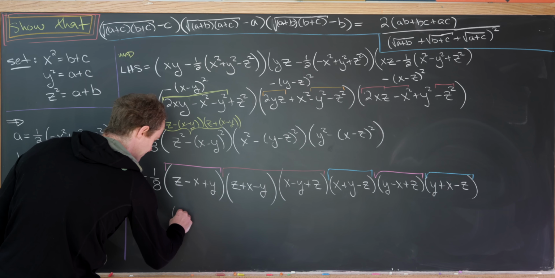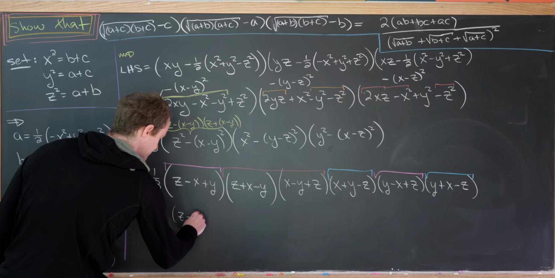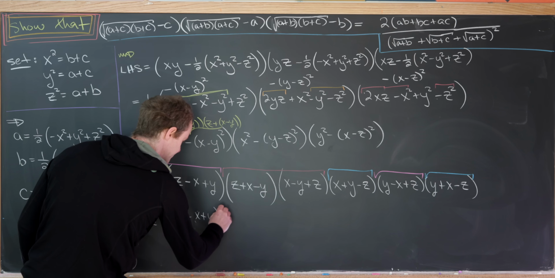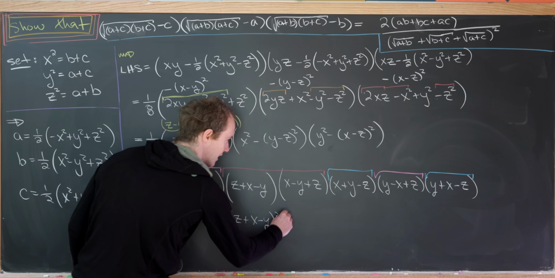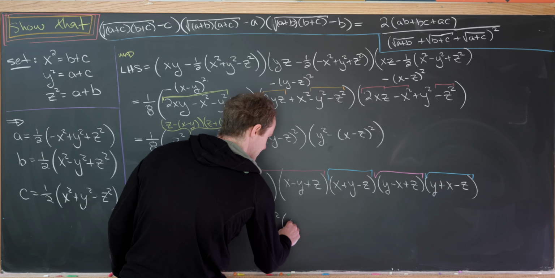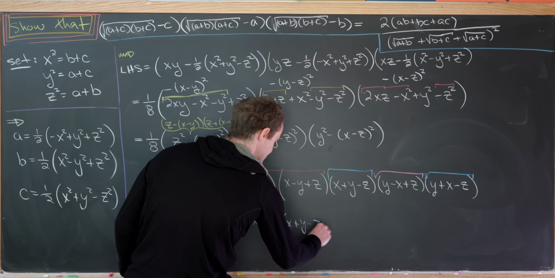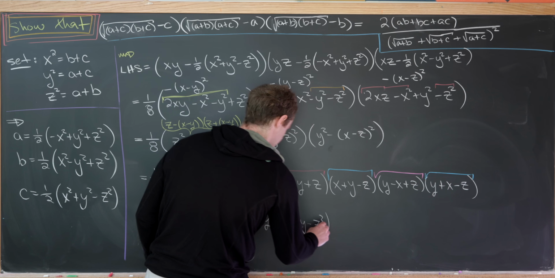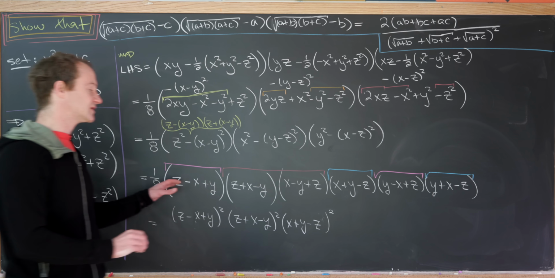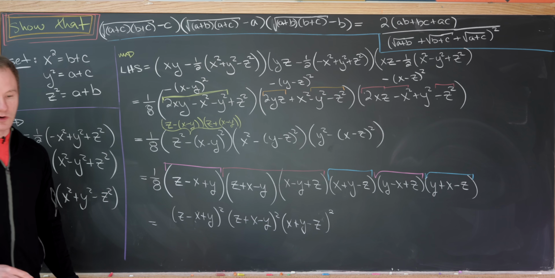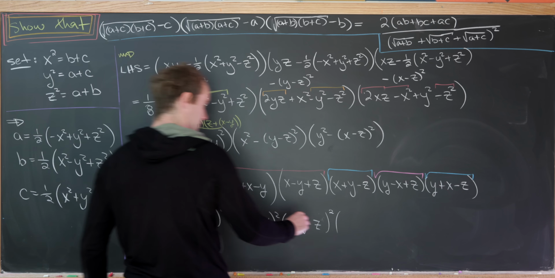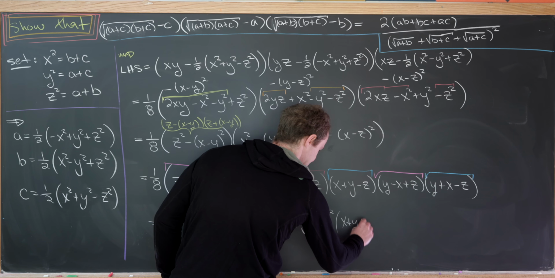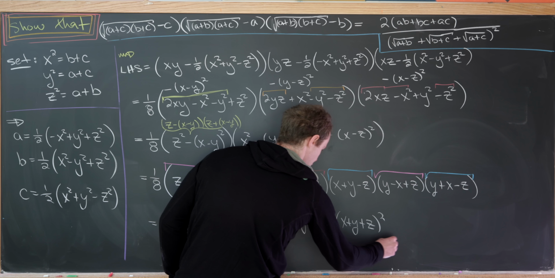So we'll have (z minus x plus y) squared, and then (z plus x minus y) squared, and then finally (x plus y minus z) squared. And I'm actually going to multiply by one more term in the numerator and the denominator, just to even all of this out, and that will be (x plus y plus z) squared.